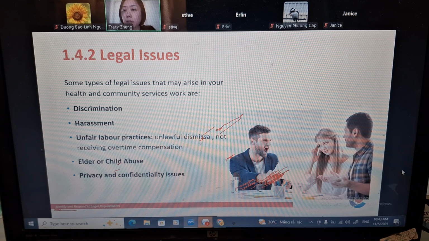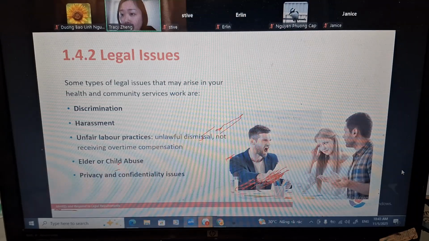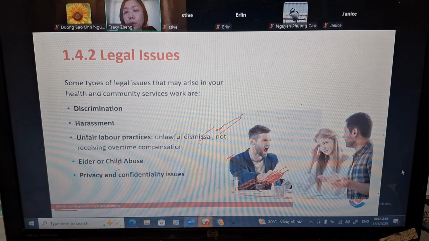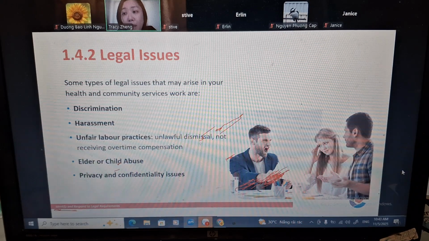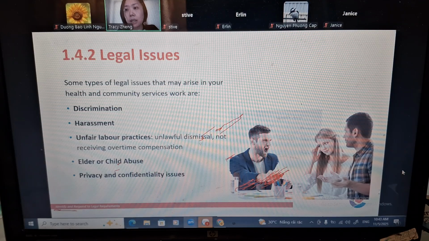Firstly, it is happening in the workplace, and the actions taken by the person are ongoing. If something bad happened to the staff only once, and no more, or the staff was terminated, then we can't say that is workplace bullying.